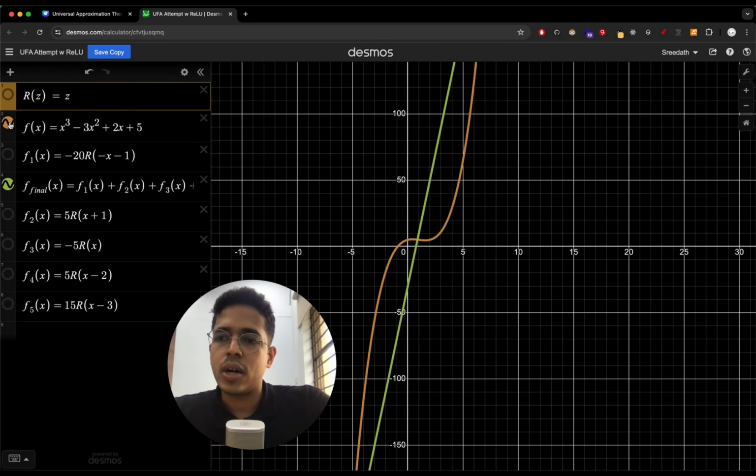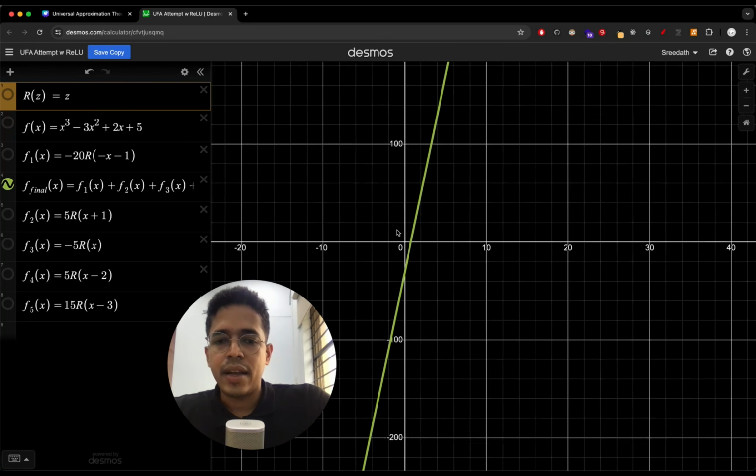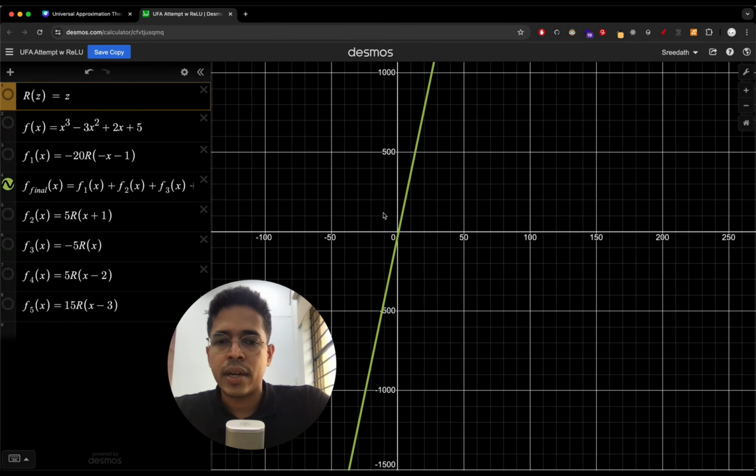No matter whatever I do, if I add a bunch of these linear functions together in whatever way we want, by changing the slope, intercept, whatever, as long as it's a straight line, a combination of these straight lines will give me another straight line only. So if we don't have the ReLU activation function or any kind of activation function, we cannot represent nonlinear data using neural networks.